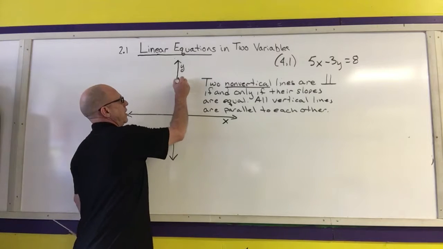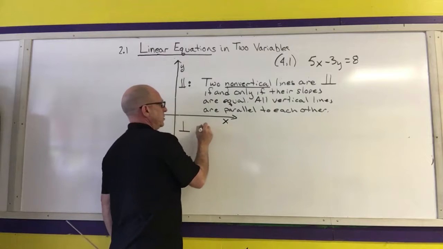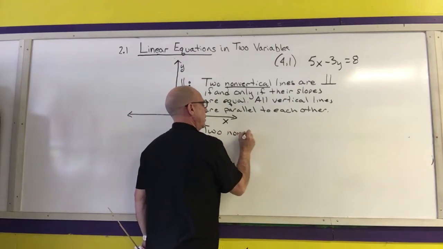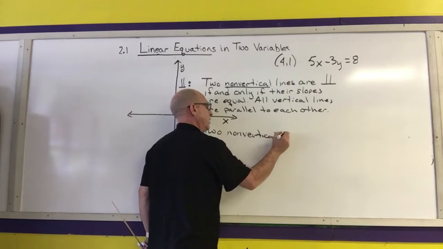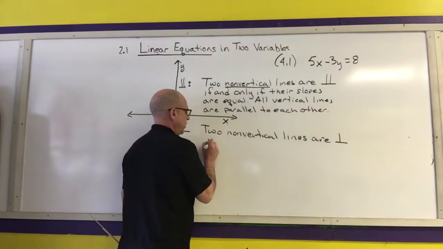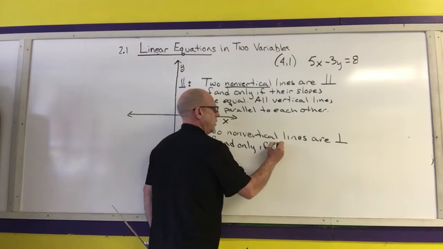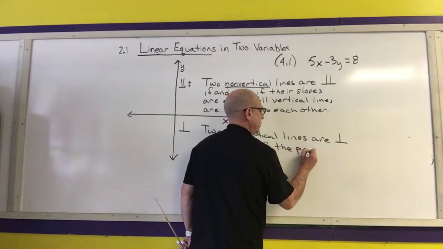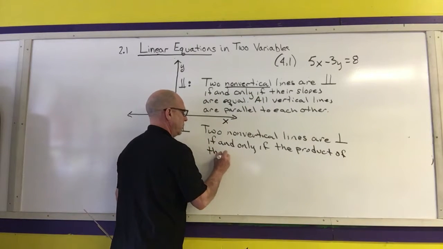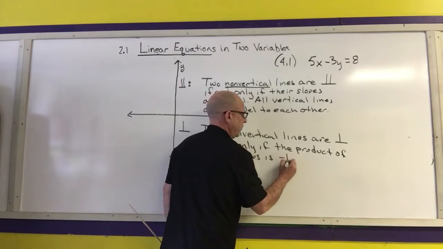So that's one thing you should note about two perpendicular lines. We will actually come up with the actual definition of perpendicular lines: two non-vertical lines are perpendicular if and only if the product of their slopes is -1.